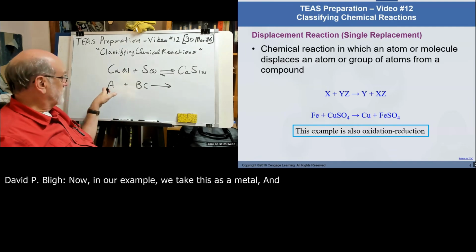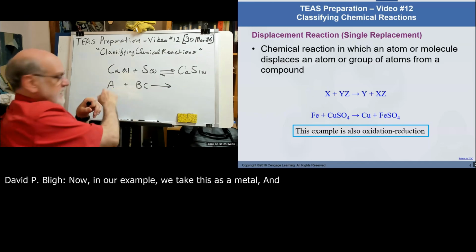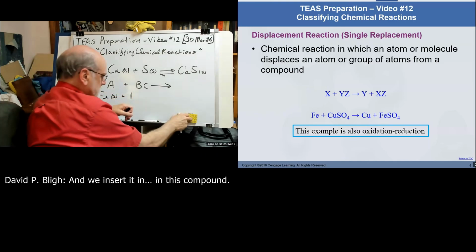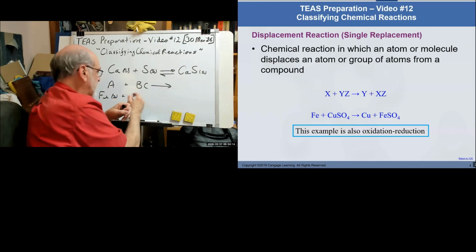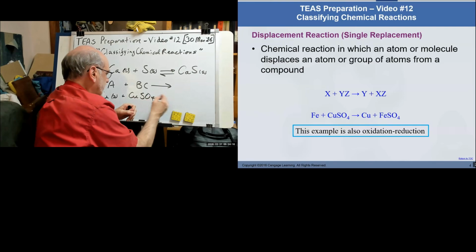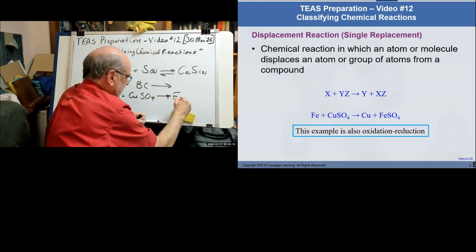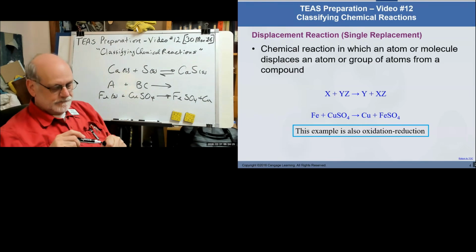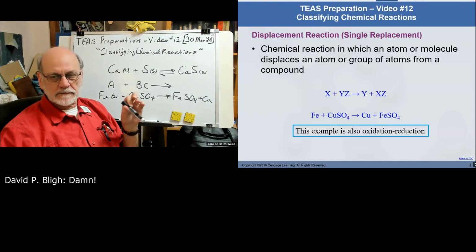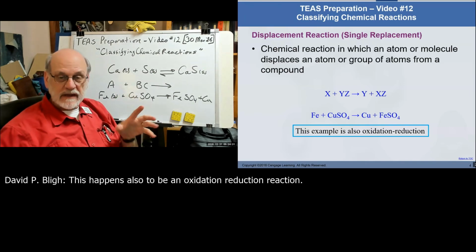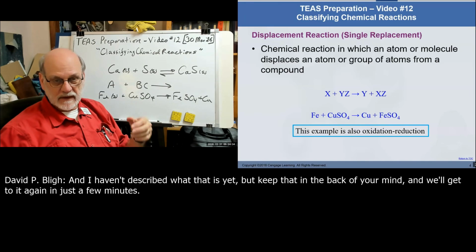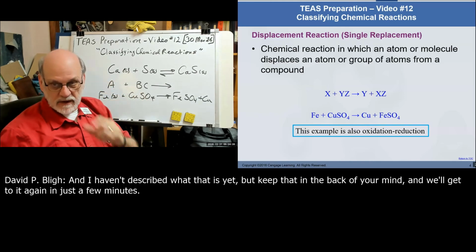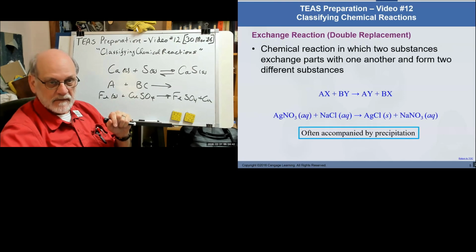Now, in our example, we take this as a metal and we insert it in this compound, like that. This happens also to be an oxidation reduction reaction. And I haven't described what that is yet, but keep that in the back of your mind and we'll get to it again in just a few minutes.